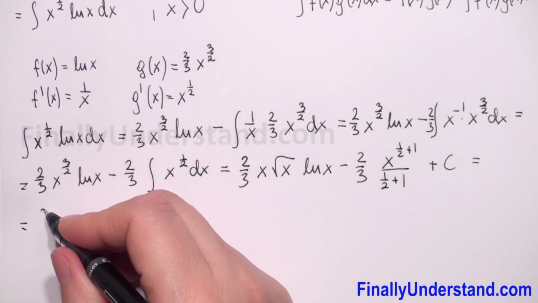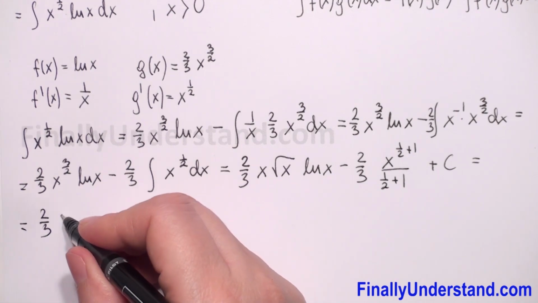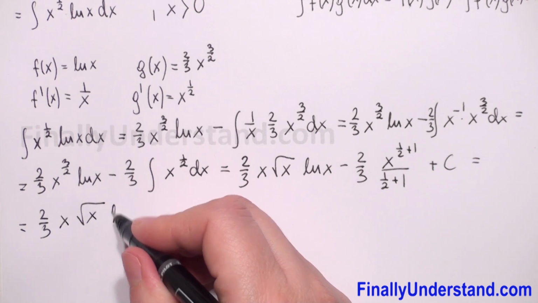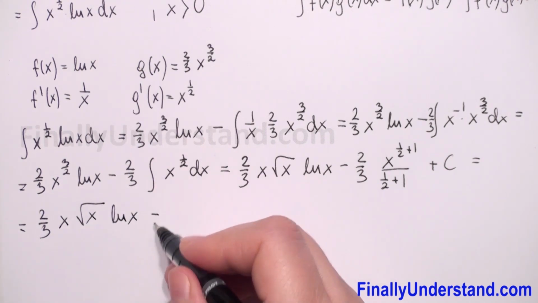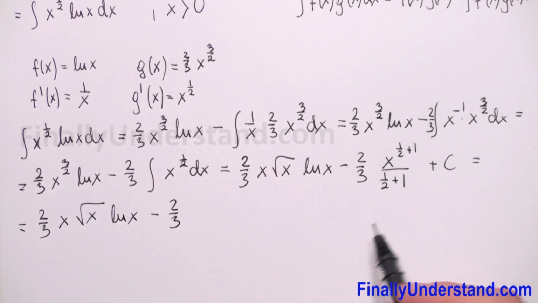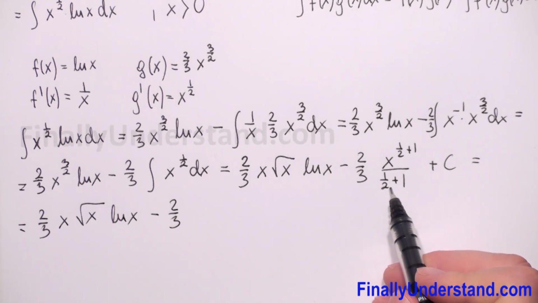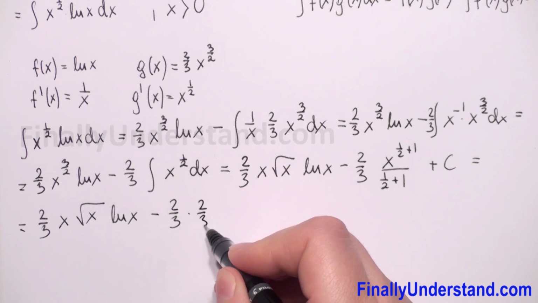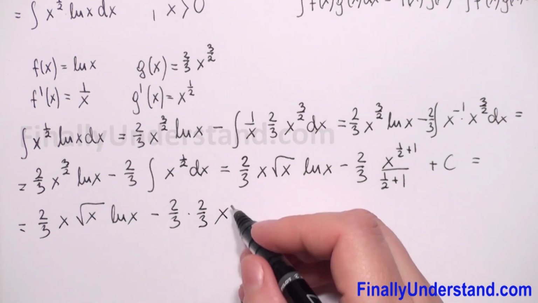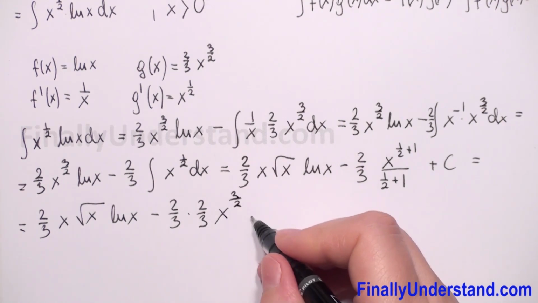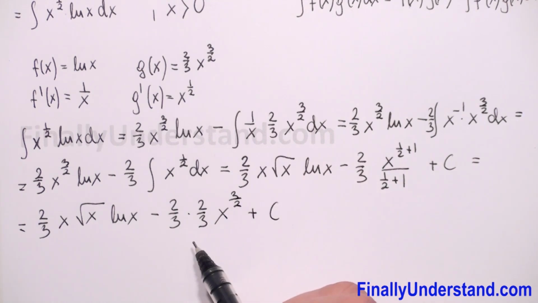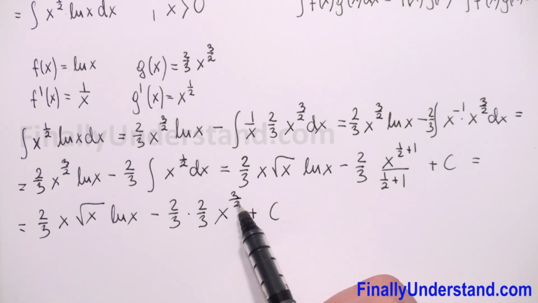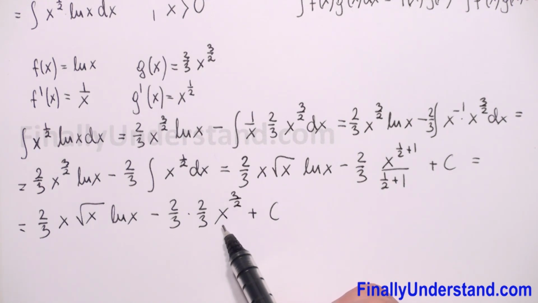We have 2/3 times x times square root of x, natural logarithm of x minus 2/3, and we will have in the denominator 3/2, so we have to flip this fraction, so it will be times 2/3, and x will be to the power 3/2 plus c.